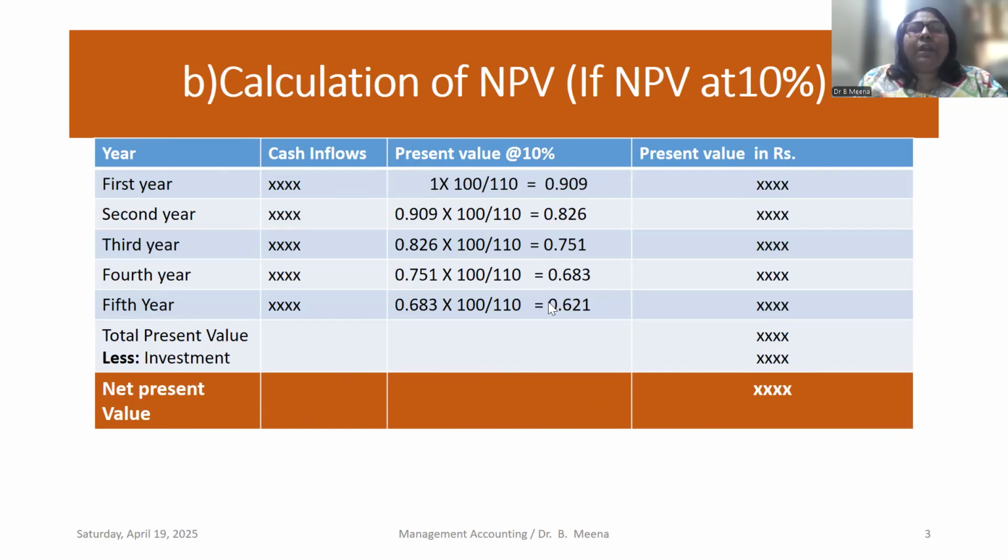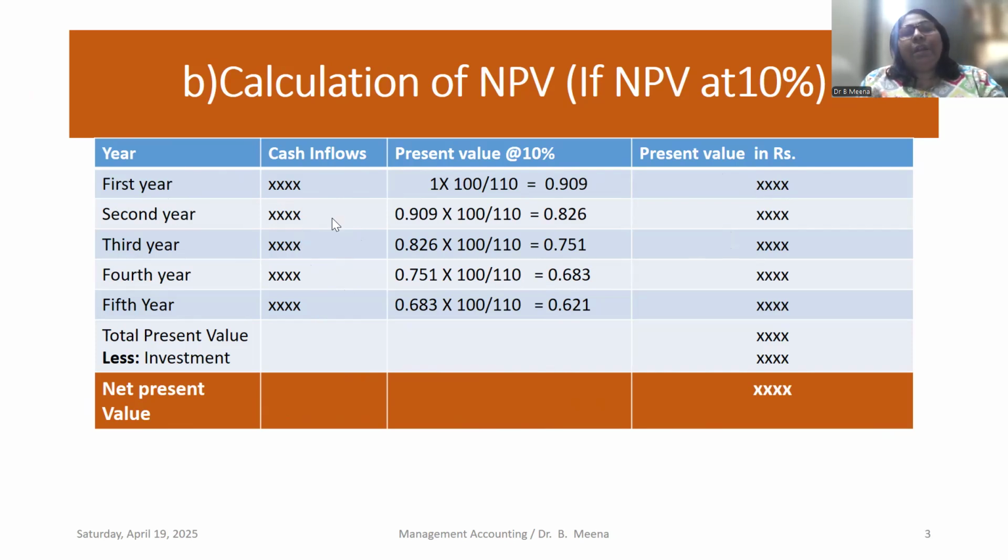Once the values are calculated, whatever discount rate is given, multiply the present value at 10% with the respective year's cash inflows, and then I'll be able to calculate the present value of the cash inflows of the future periods. Likewise, for the first year I'm getting this cash inflow, so what is its present value?